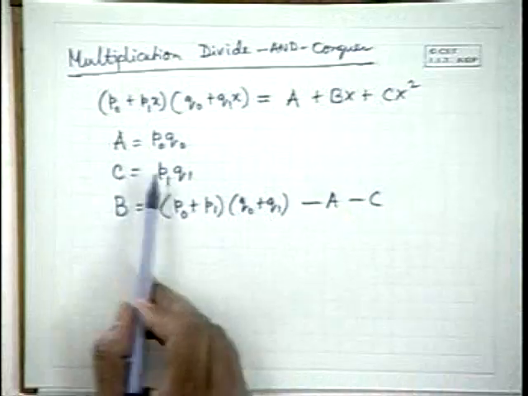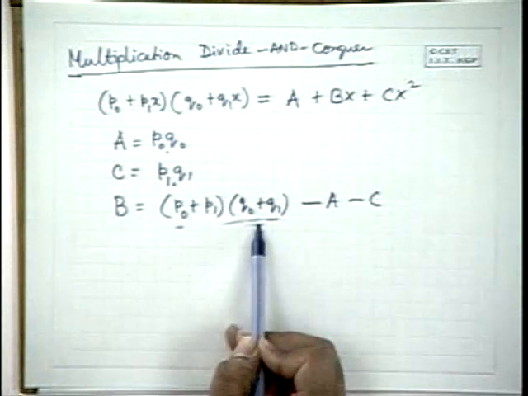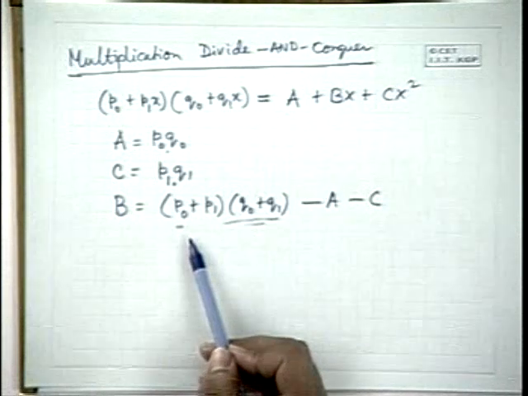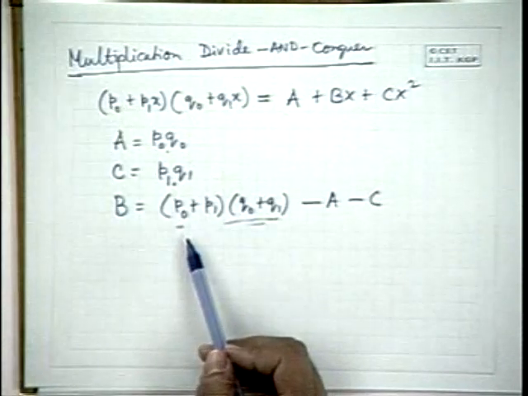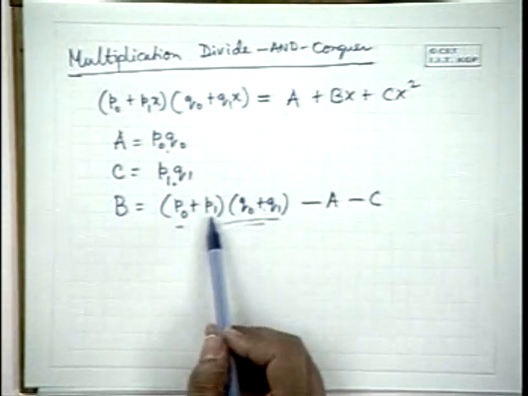If you do this multiplication using the previous straightforward technique, you will get 4 multiplications. But using this approach you are only using 3 multiplications: one for a, one for c, and one here. So you have reduced the multiplications. You will see that this particular technique can help you reduce the total complexity also. It seems that you have increased the additions, but actually it does not.